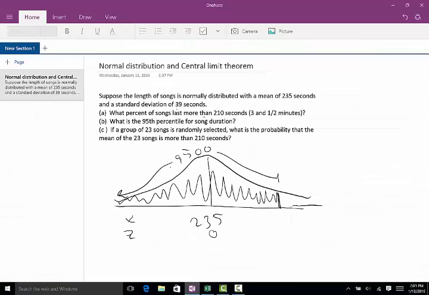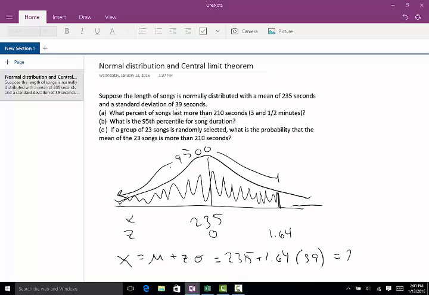So I did norm.s.inv of 0.95, got 1.64. That's how many standard deviations above the mean. Now we'll use the most important formula in this course turned around: X equals the mean plus z standard deviations. That's 235 plus 1.64 times the standard deviation, given above as 39 seconds.